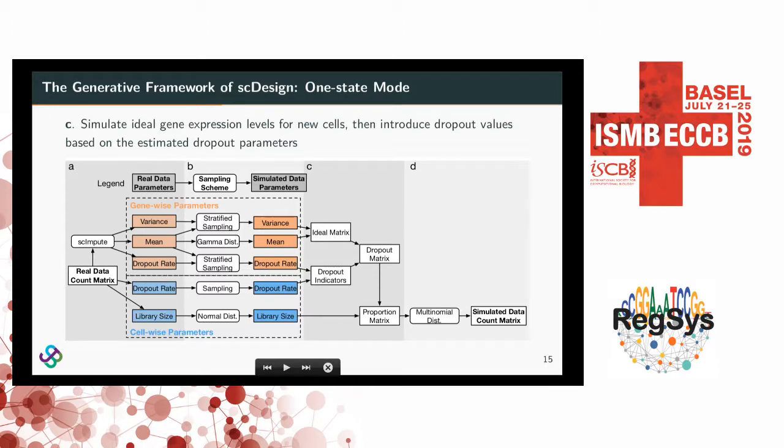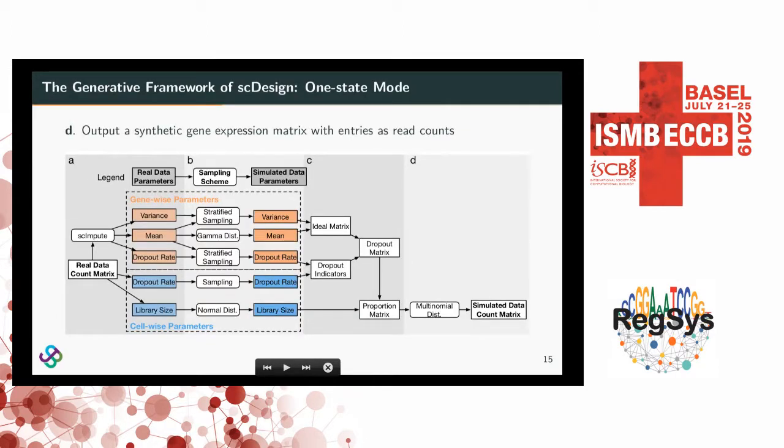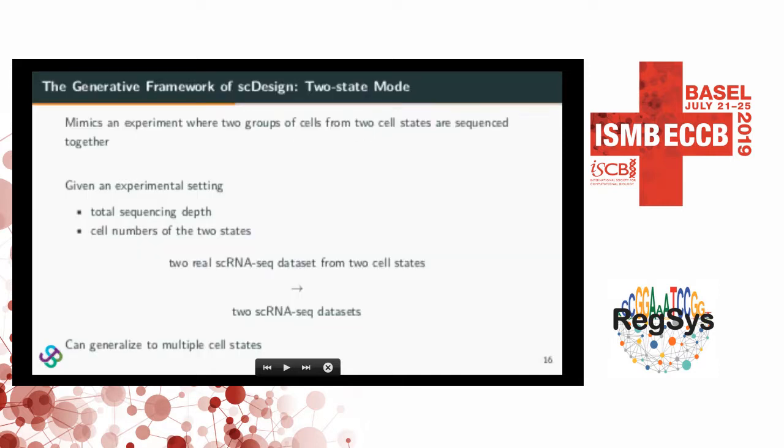Combining the ideal matrix with the dropout matrix, we will obtain a proportion matrix which indicates the proportion of each gene in each cell among the whole matrix. And then we will use a multinomial distribution to convert the proportions into counts. So the output will be a synthetic gene expression matrix with entries as read counts.